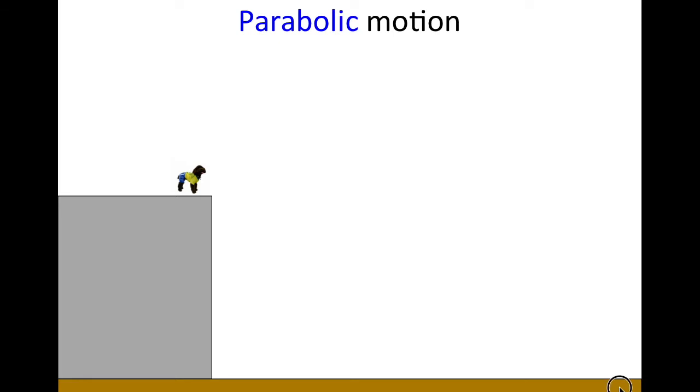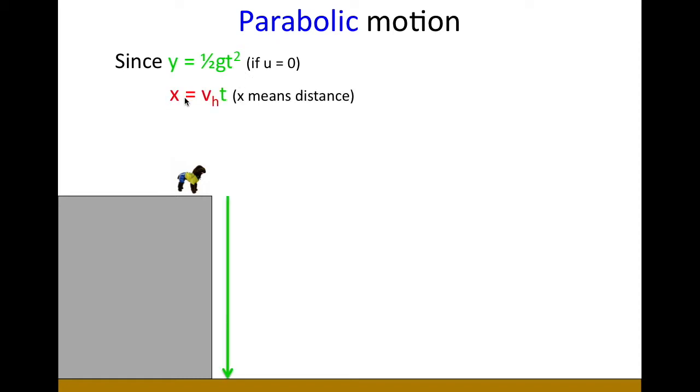Now, parabolic motion, this is what's happening to the dog. Since u, the initial velocity, is 0, we know that this is the new equation for y. We also know that the equation for x, the horizontal motion, is going to be velocity times time, and this is the distance or the displacement.